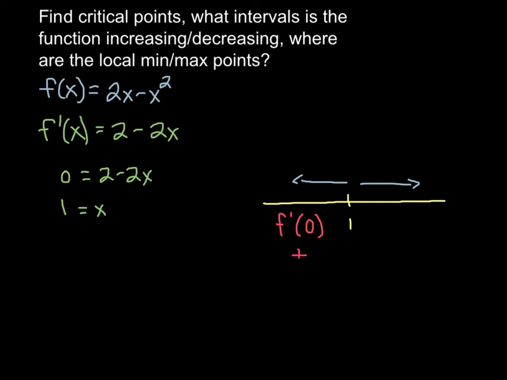I'm going to pick one to the right of 1, I'm just going to pick 2. And f prime of 2 is going to be a negative number. So we went from positive to negative. That means our derivative went from positive to negative, which means we have a local maximum.